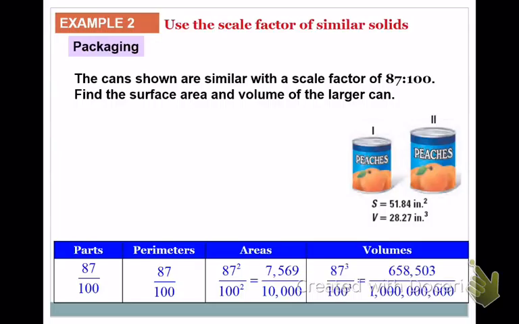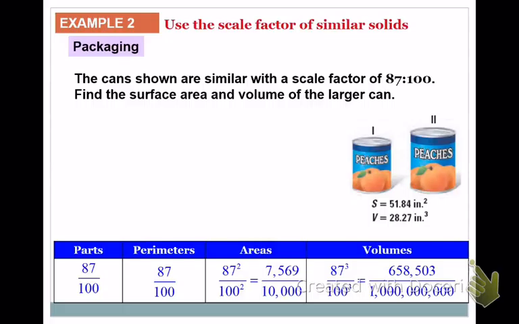The volumes have a ratio of 87 to the third over 100 to the third. So the volumes have that ratio. I don't square this again. I go back to the original, 87 over 100, and I cube it. Okay? 87 cubed, 100 cubed.